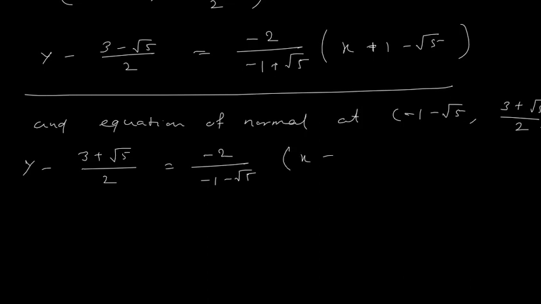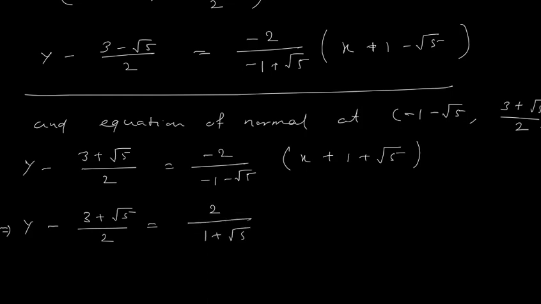So this will become plus 1 and plus root 5. Cancelling the minus signs, y minus (3 plus root 5) divided by 2 equals 2 upon (1 plus root 5) into x plus 1 plus root 5. So these are the three equations of normal.